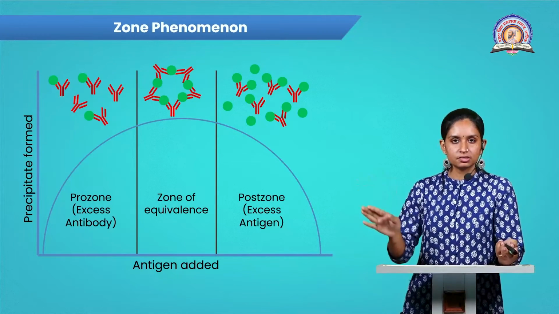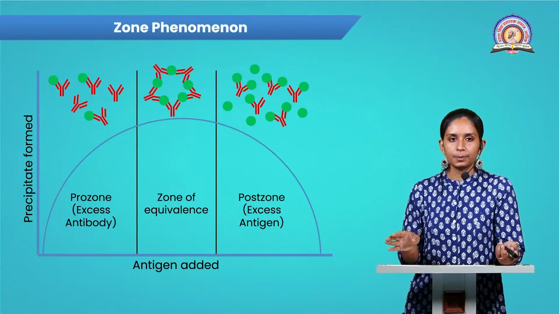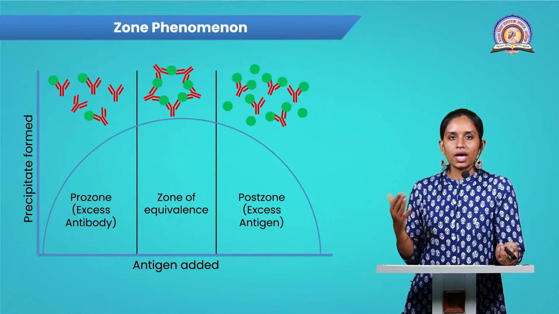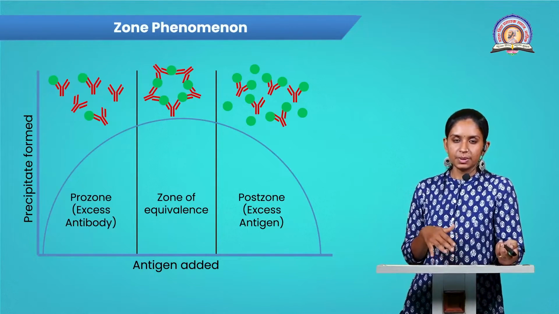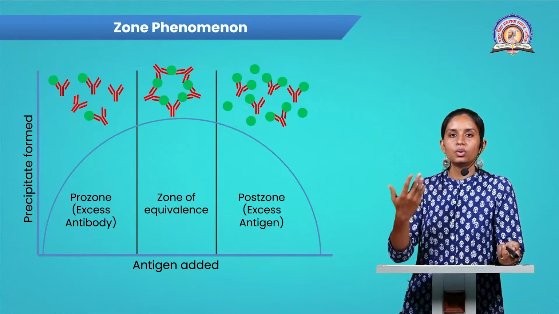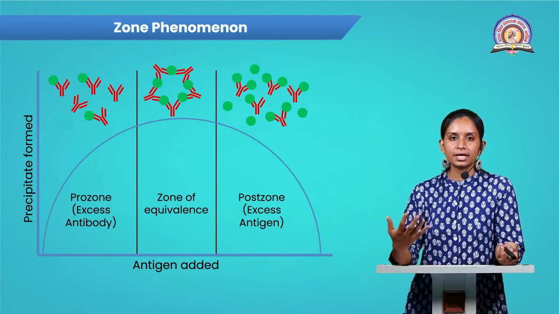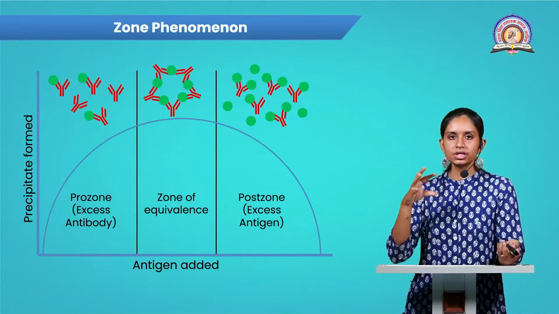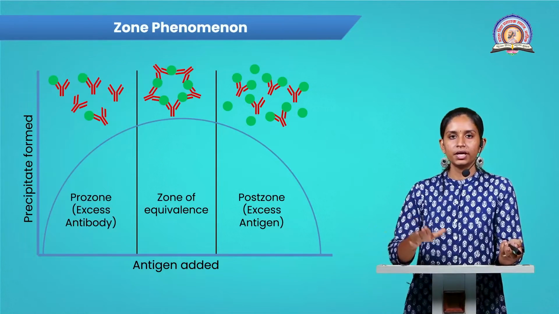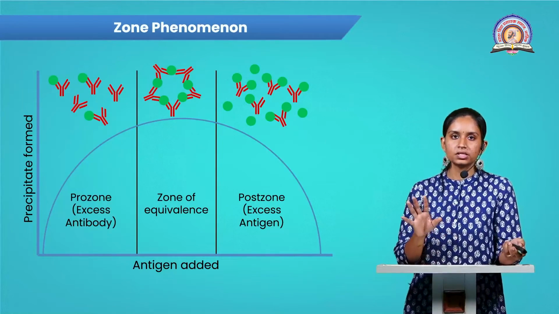So in the first region of the curve, what is happening? The number of antigens is less. So compared to the number of antigens present, the antigen binding sites available are more, and due to that each antigen individually gets attached to different antibody molecules, and no cross linking occurs.